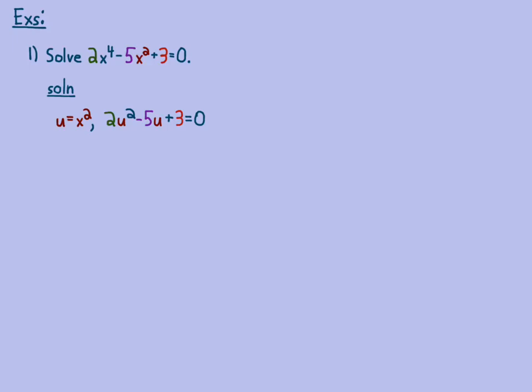2 times 3 is 6. And then we need... So that's positive, so we need 2 factors of 6 that add up to 5. That ain't going to happen. Well, yeah, it is. 2 and 3. Yeah, so that actually factors. You have to go through the process if you don't see how it factors. But we did the factoring before, so I don't really feel I have to go through the whole thing.